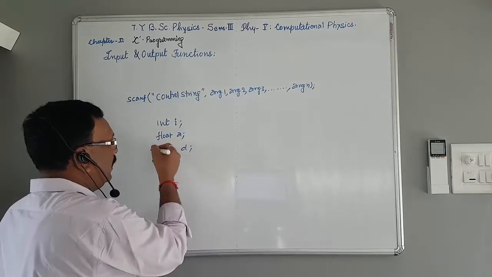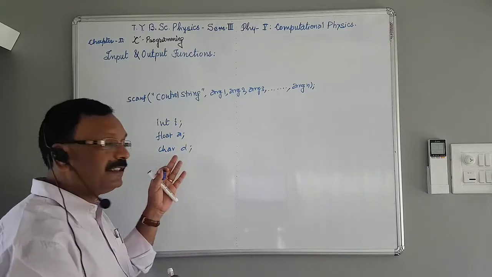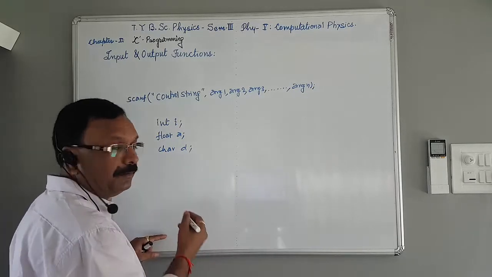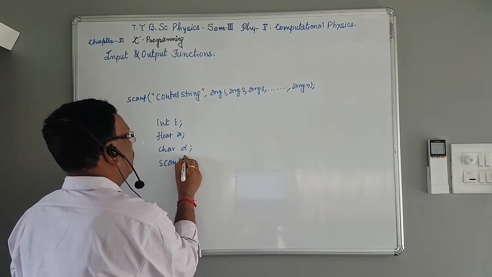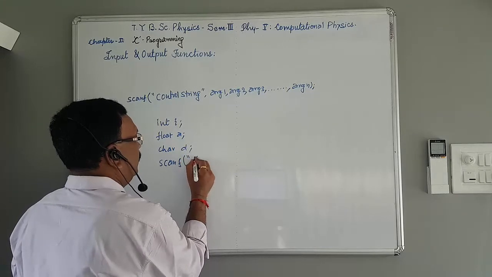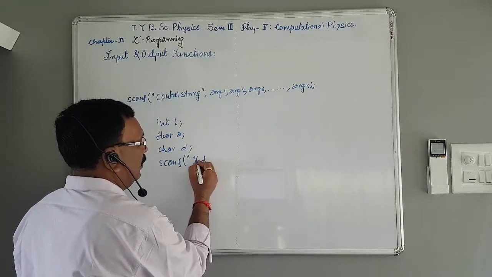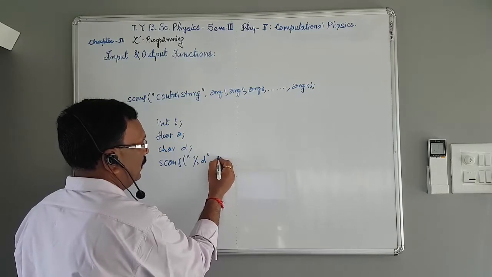Now when we declare the variable, how is it accepted or read by the computer? For this purpose, scanf. If the data type is integer, then we have to write %d, then &i.